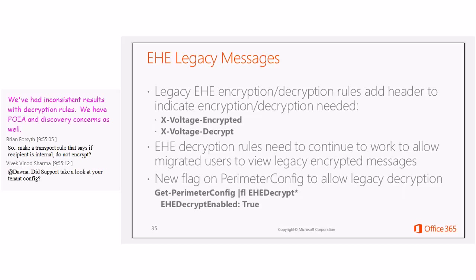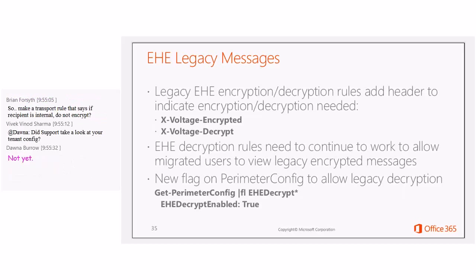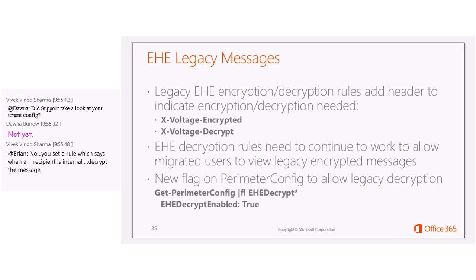So what we want to do is allow those encryption and decryption rules to continue to apply or allow users to view it. To that end, they've added a new flag on the transport configuration to allow the legacy decryption to continue to take place, and that's set using the transport configuration cmdlet. You can use the get command to verify, and it should be set to true.